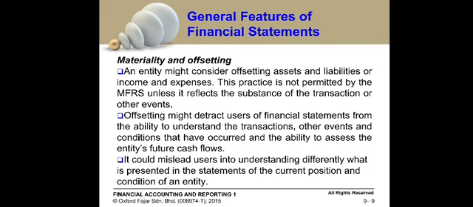It could mislead users into understanding differently what is presented in the statements of the current position and condition of an entity. When you offset, you, the accountant, can understand what happened between company A and B. But the financial statement users, like investors, cannot understand the offsetting amount.